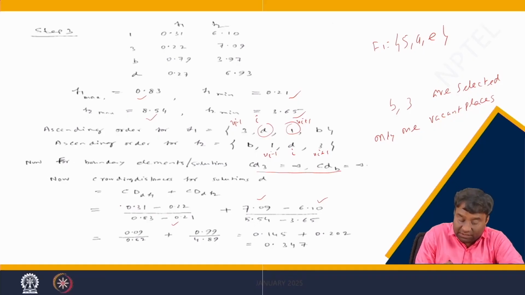So you can write this as f x i plus 1 for 1, and f 1 x i minus 1.